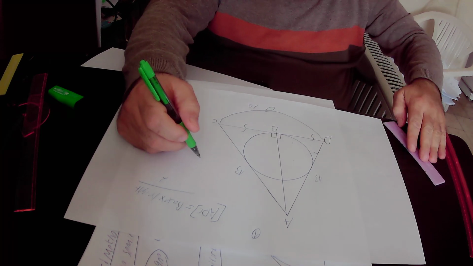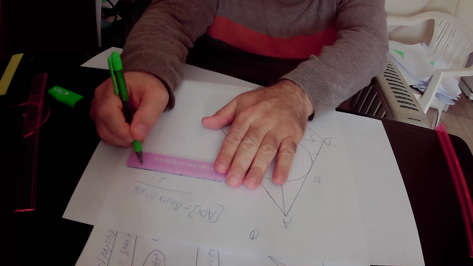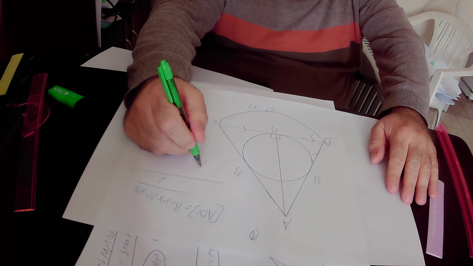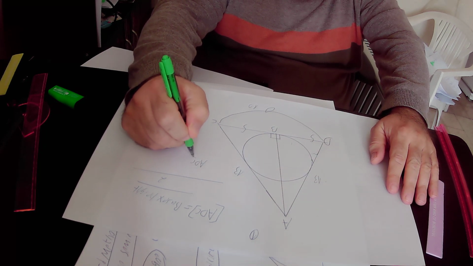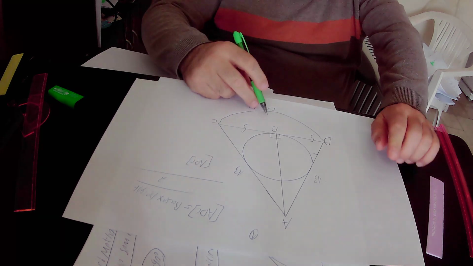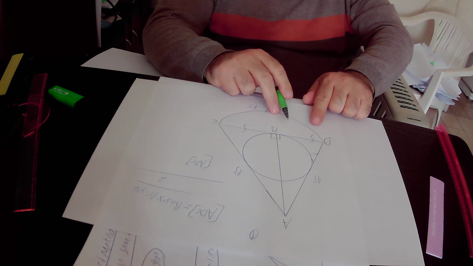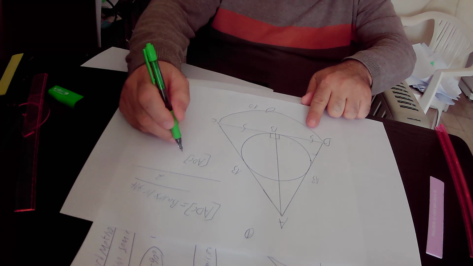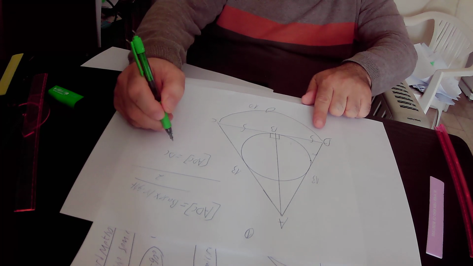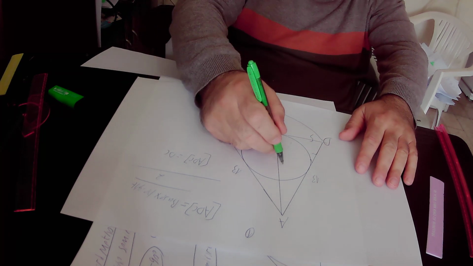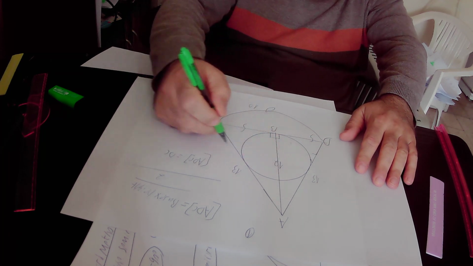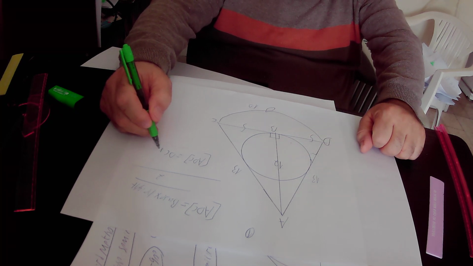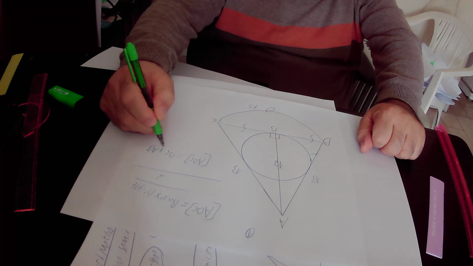So the area of triangle ADC is equal to the base DC times the height. It is given in the question that AB equals 12 units, over 2.